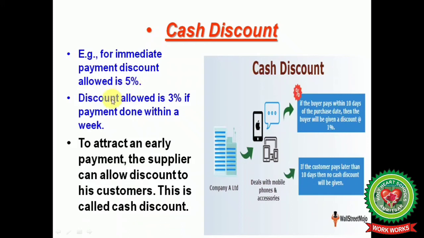Discount allowed is 3% if payment is done within a week, meaning to attract the customer to pay fast or to pay early as soon as possible. That is called a cash discount. So to attract an early payment, the supplier can allow discount to his customers, and this is called a cash discount.